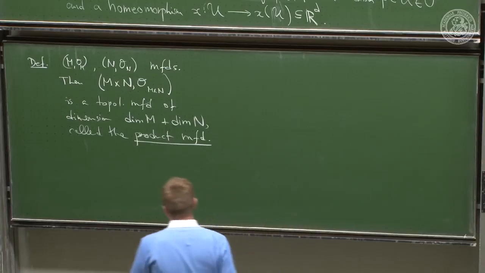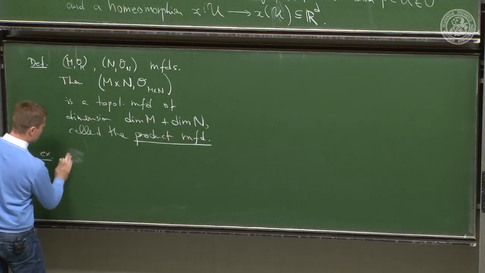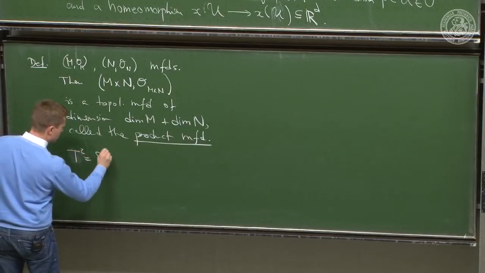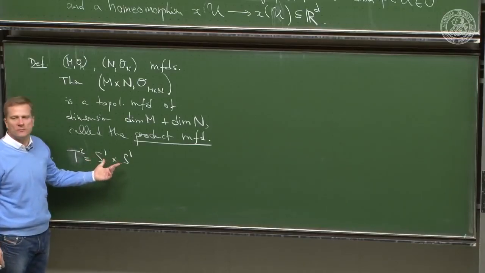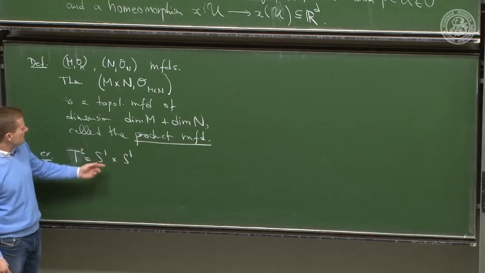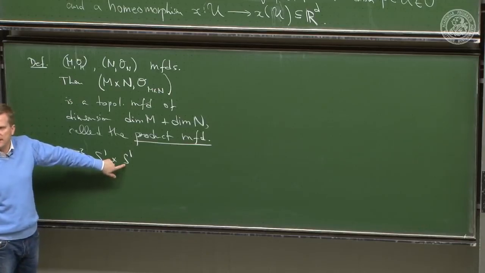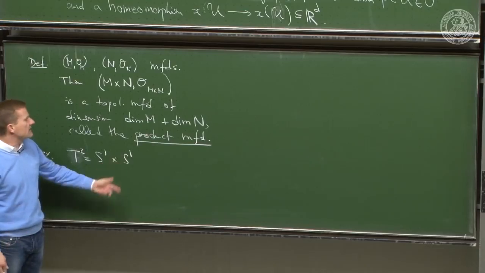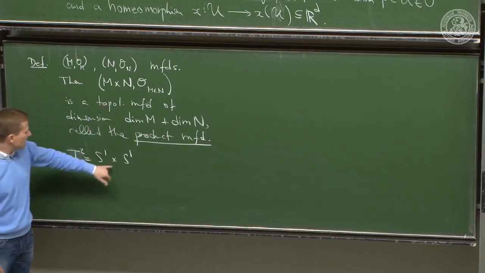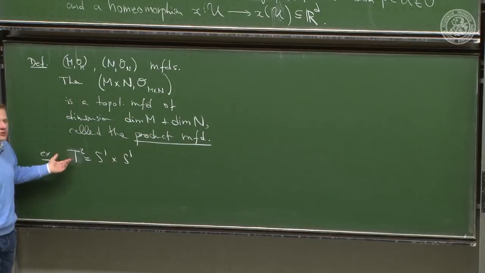For instance, example, T2 is the product of two circles. We saw this before, but we only looked at it as the product of two topological spaces. Now, S1 happens to be a topological manifold of dimension 1. So you take the product, you get a new topological space, which you're guaranteed, if equipped with the product topology, is a topological manifold of dimension 2.